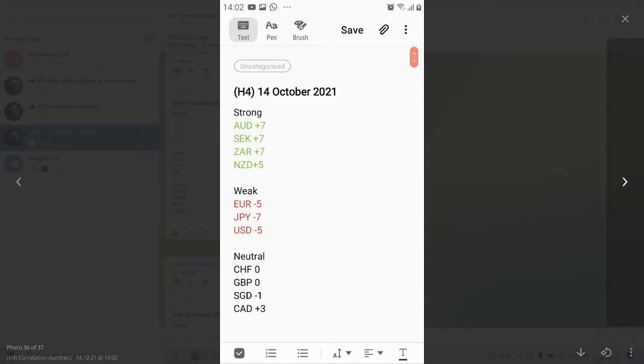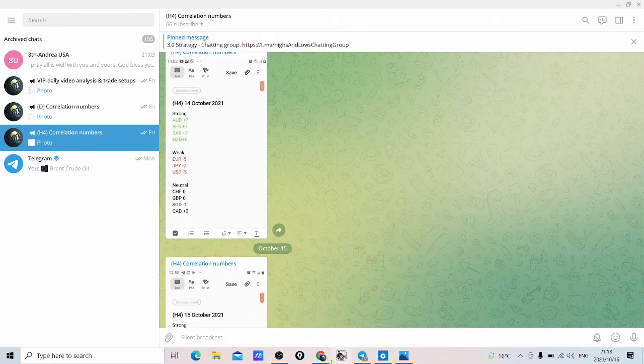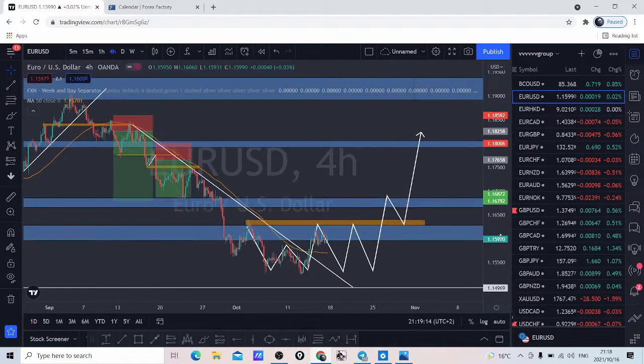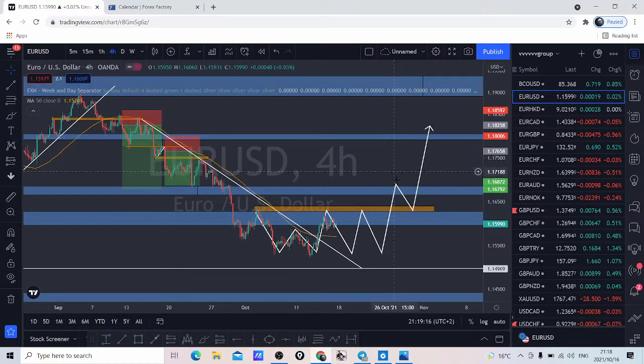If you are pairing a weak currency with another weak currency, then the graph is going to be a ranging market, because both currencies are losing momentum and don't have strong momentum. But I'm expecting a breakout to the upside after the market has completed a range, so I'll be waiting for a breakout to the upside.